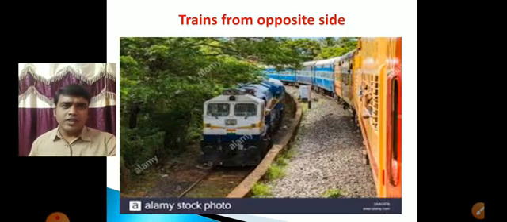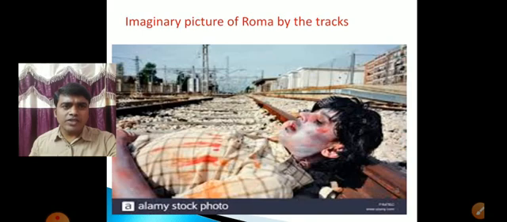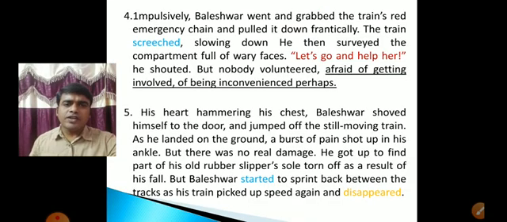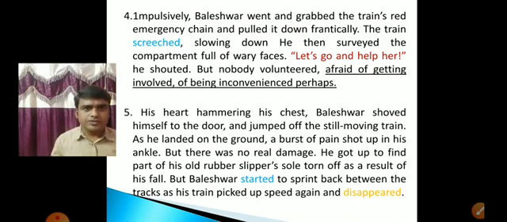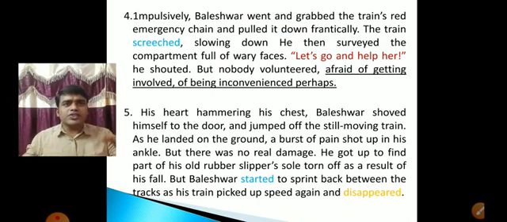See, Baleshwara Mishra, who was at the door of the opposite train, looked at the girl who had fallen by the track, Roma Talreja, and everyone cried very loudly, "There is a girl by the tracks." Impulsively, Baleshwar went and grabbed the train's red emergency chain and pulled it down frantically.